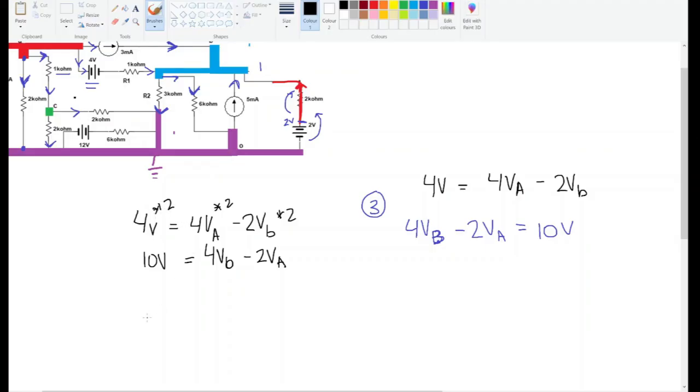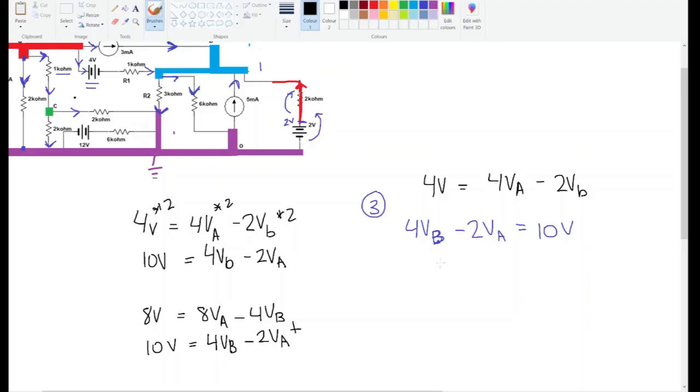So what you end up getting is 8 volts is equal to 8VA minus 4VB, and you have 10 volts equal to 4VB minus 2VA.